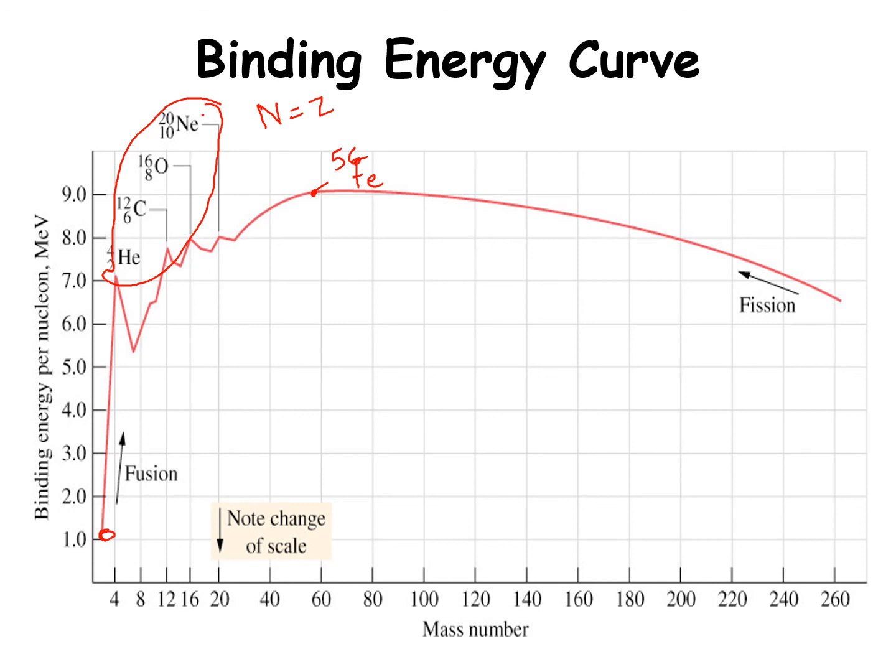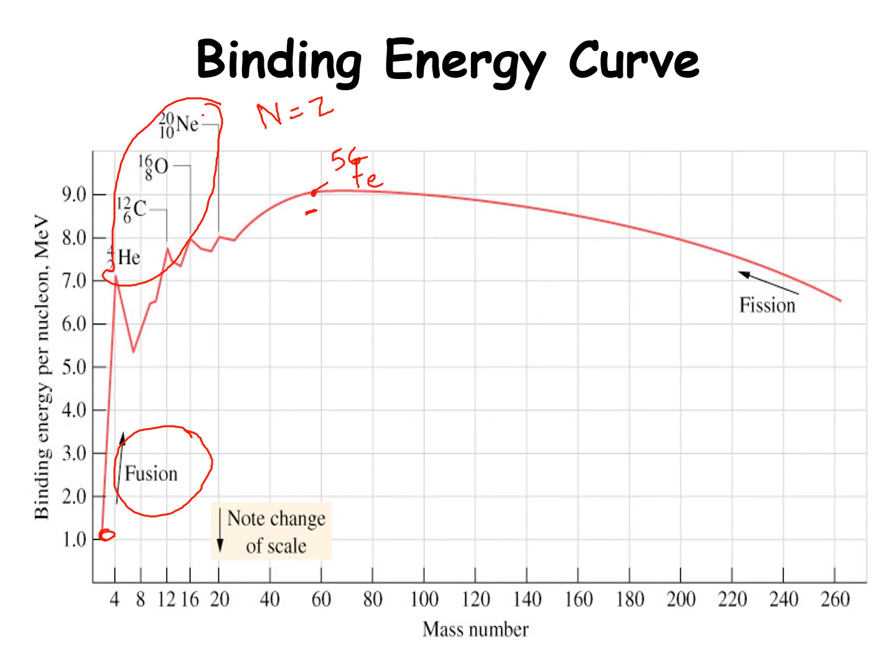Lighter nuclei fuse together to form heavier nuclei, and they approach this point. So in this region, the process of fusion occurs, the fusion of two lighter nuclei to form a heavier nucleus, while on the right hand side we have the heavier nuclei.